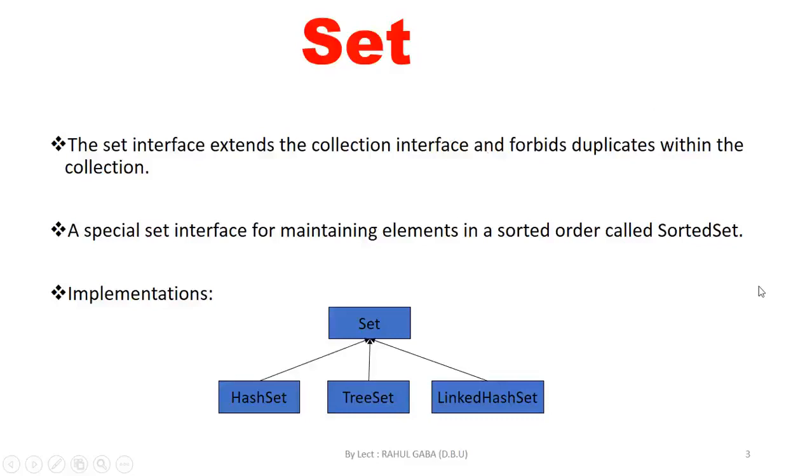Its implementation is seen in this diagram. Set is the interface; hash set, tree set, and linked hash set are classes which implement the set interface. Later on we will discuss the difference between set, hash set, tree set, and linked hash set. In each and every case we will discuss the difference and how we can implement it. Let's start.